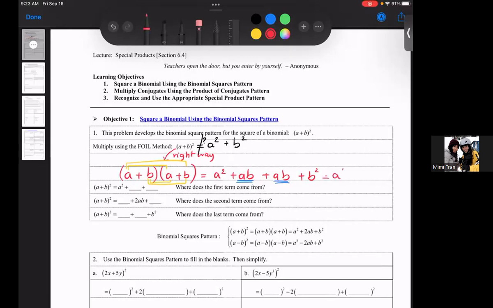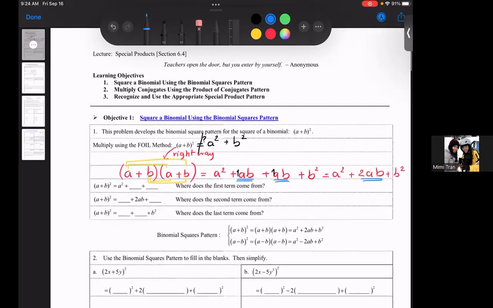So I have A squared plus 2AB, right? Because AB plus AB, that's basically one and the one here in front. So 2AB plus B squared. Okay. So if I pull this out, you can see the pattern here, sort of.